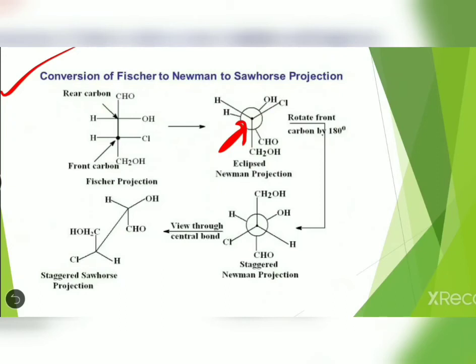So this H is represented here, this chlorine atom is represented here, and this CH2OH is represented over here. Now the representation of the rear carbon bonds.